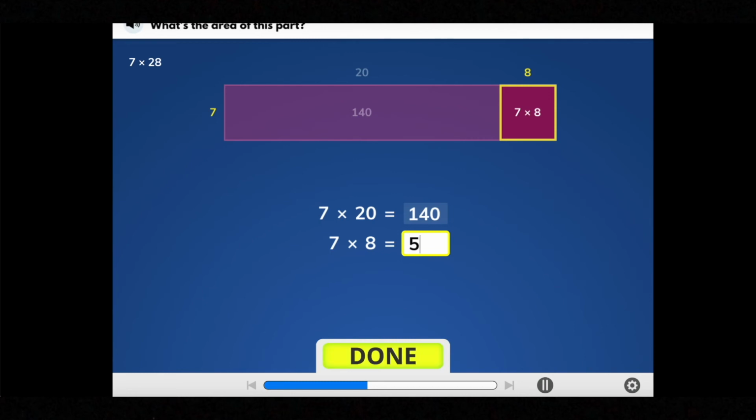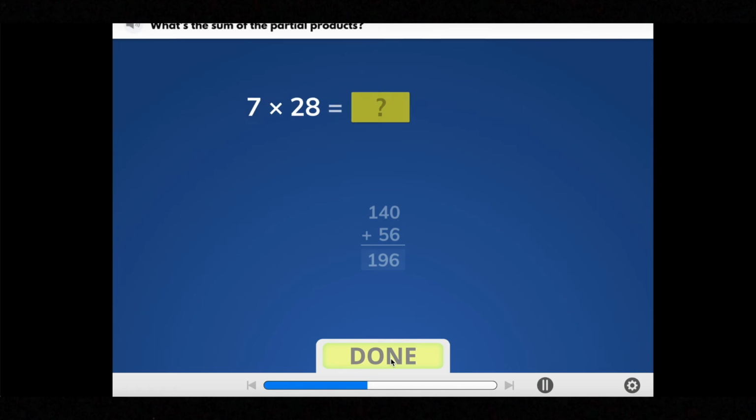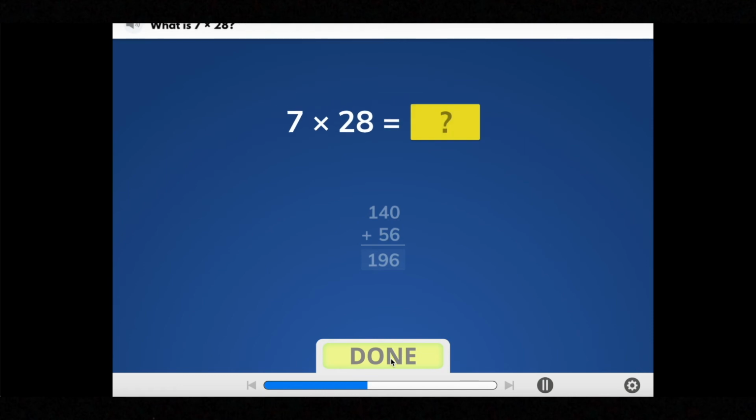So, the area of this part is 56. This is another partial product. What's the sum of the partial products? now, once again, if you notice, this is walking us through. What is 7 times 28?